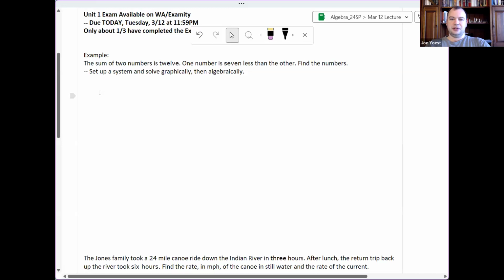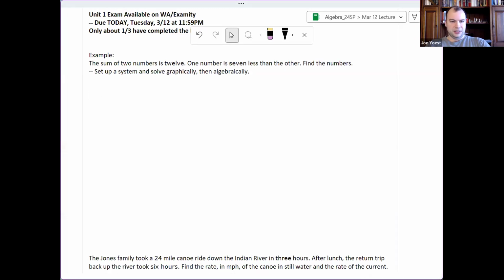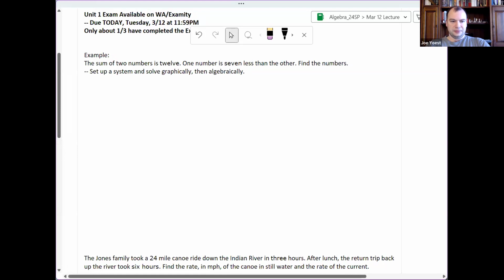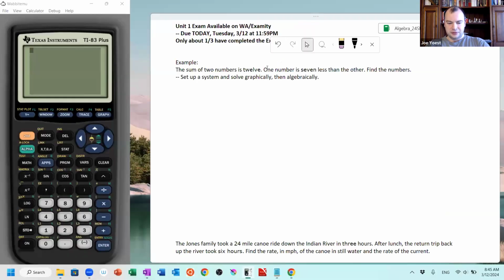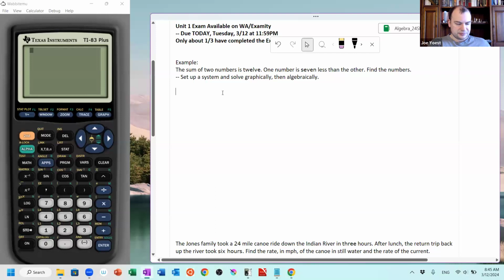So let me get my screen share switched over here so that we can get the calculator on the screen as well. All right, so let's start with this example.